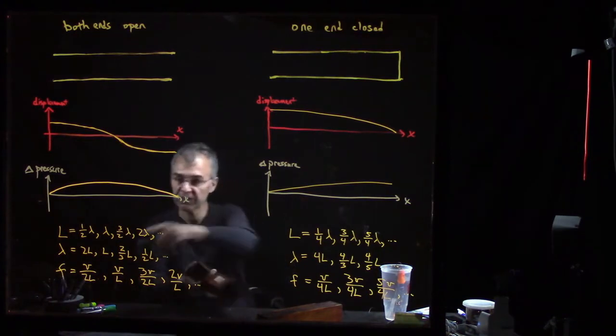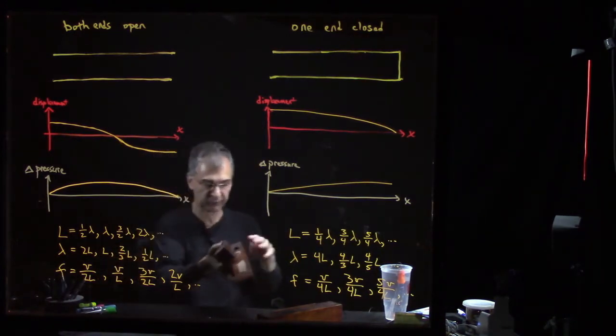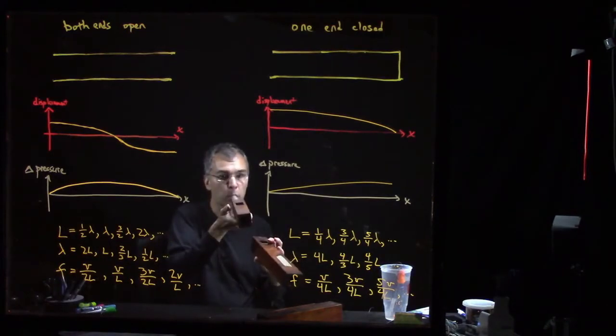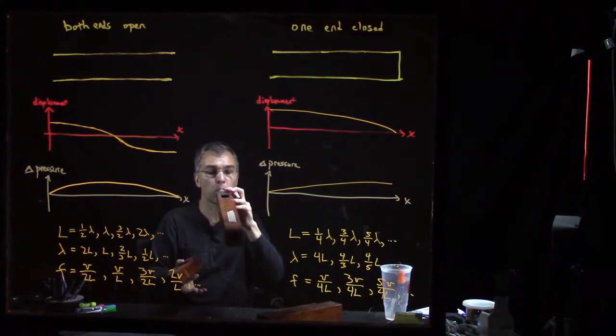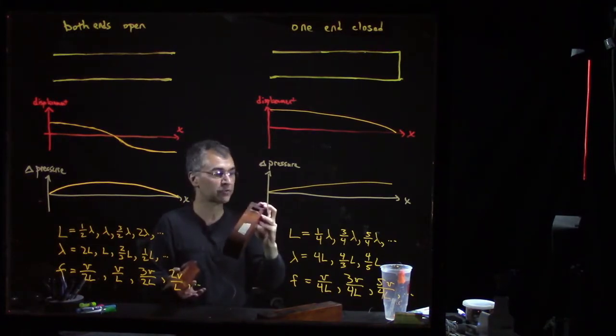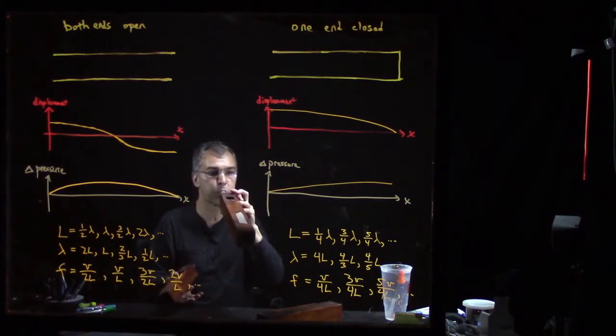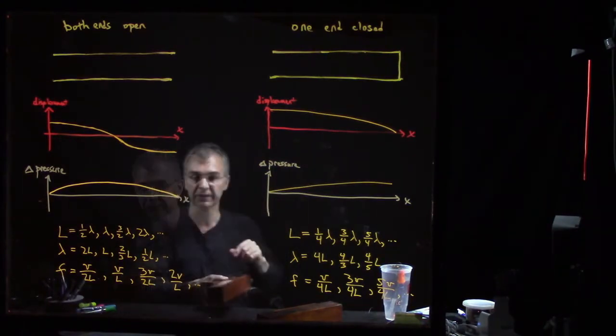Which I think kind of makes sense because you expect the next overtone to be double the fundamental frequency. But, okay, there's the fundamental from the short one. Fundamental from the long one. And again, if I blow hard enough to get some overtones too, you can hear that the next dominant overtone is about an octave higher.